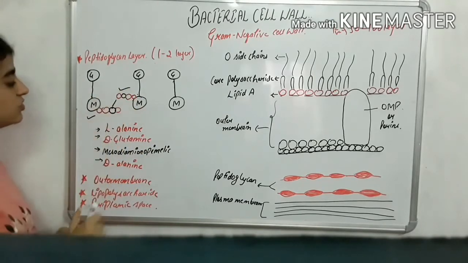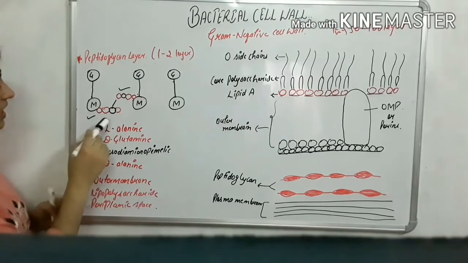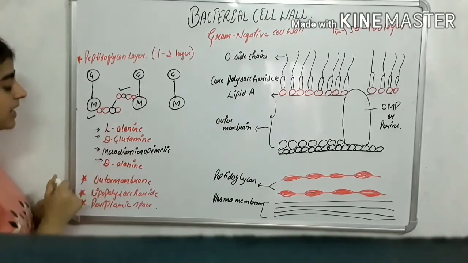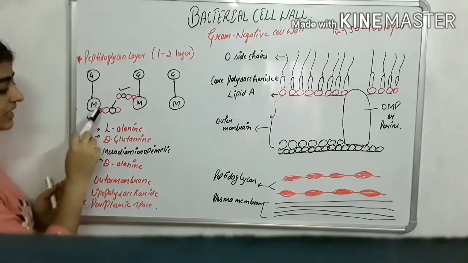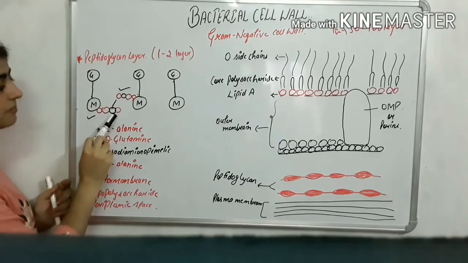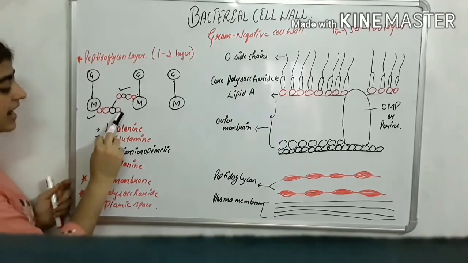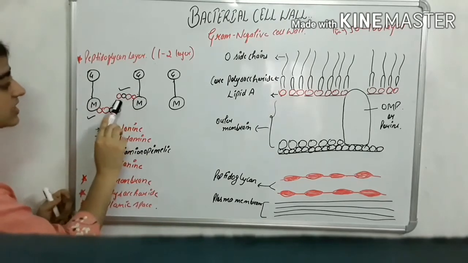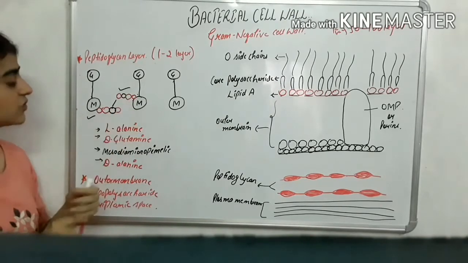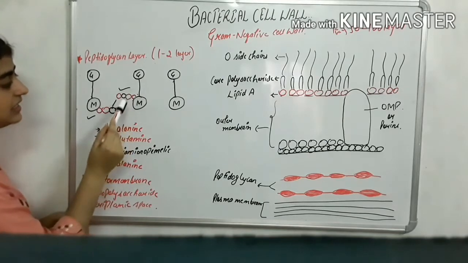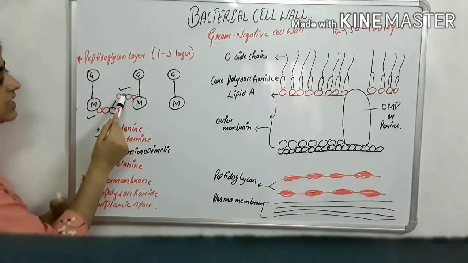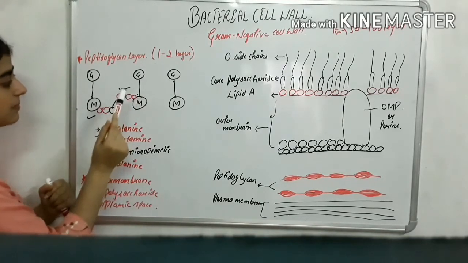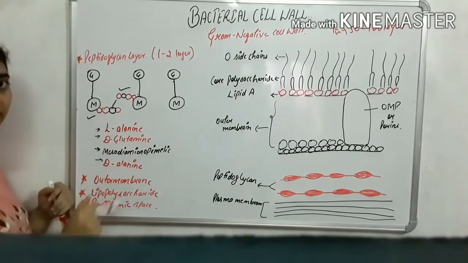The sequence of amino acid residues is L-alanine, D-glutamine, meso-diaminopimelic acid, and the last one is D-alanine. In the same way, the other chain has the same sequence: L-alanine, D-glutamine, meso-diaminopimelic acid, and D-alanine.